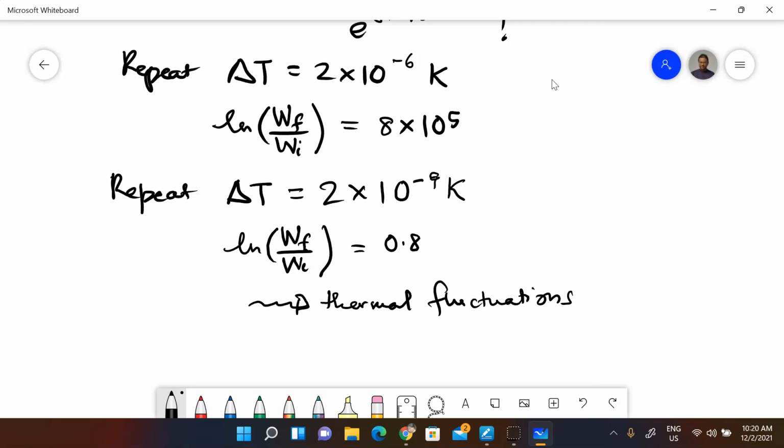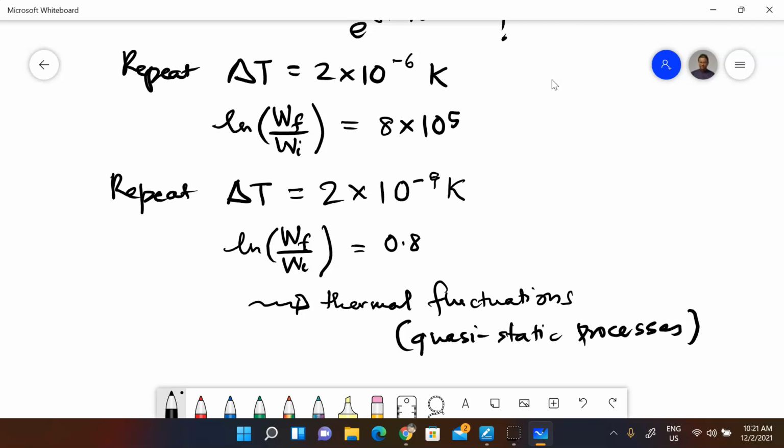So things like your quasi-static processes can happen here. In other words, you need to have very small changes in your temperature to be able to see all these fluctuation processes and possibly the reversible processes.